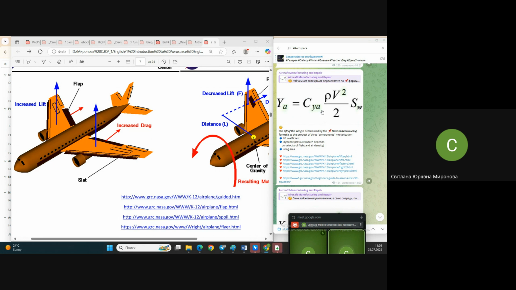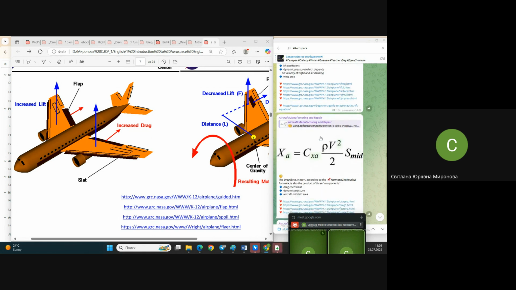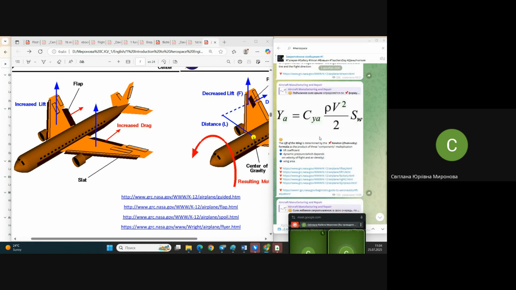So on one hand, they increase lift. On the other hand, to be frank, they also increase the drag. And that is why we change the position of flaps and slats a little bit differently during takeoff and landing.